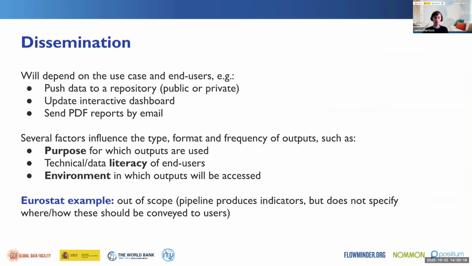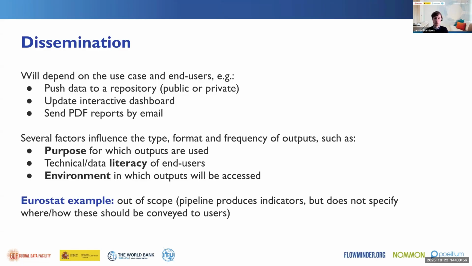And then the final stage of the data pipeline is this dissemination stage. This will depend very heavily on the use case and the end users of the pipeline. For example, we might be just calculating these output indicators and then pushing those into a repository. That might be a private repository, a database belonging to the organization that's going to be using the data, or it could be a public repository maybe that can be more widely accessed.